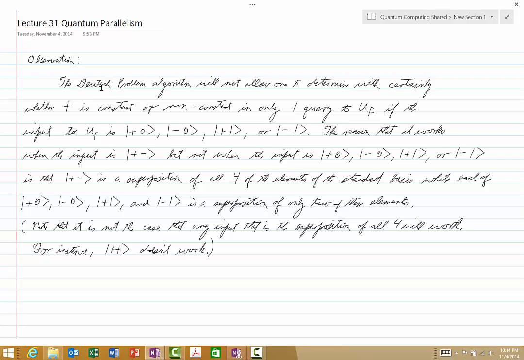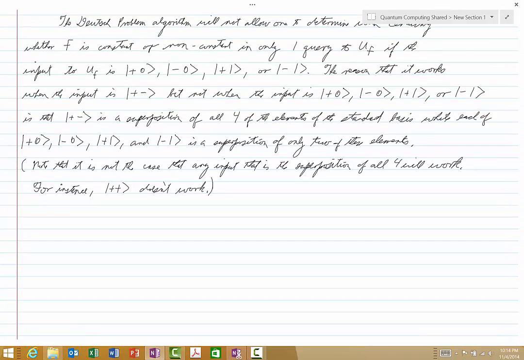So that's the first note that we want to make about quantum parallelism, and now let's look at some related ideas.